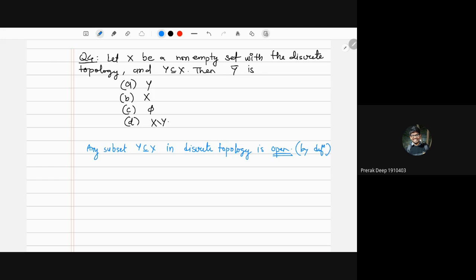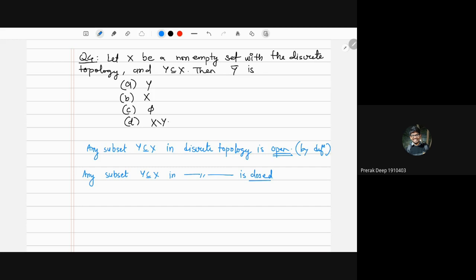And any subset in discrete topology is closed also because its complement is again going to be open. So any subset of X is open and closed both.